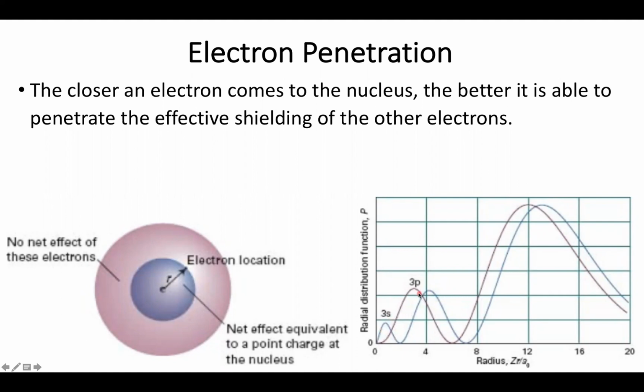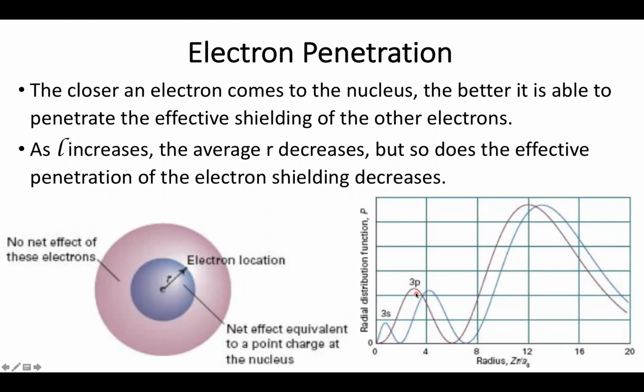And we're going to see a similar thing. It gives the P orbitals a little bit of a competitive advantage over the D orbitals. So in general, what we tend to find is that even though as our angular momentum increases, we on average get closer, we also have less penetration of the electron shielding of the core electrons.